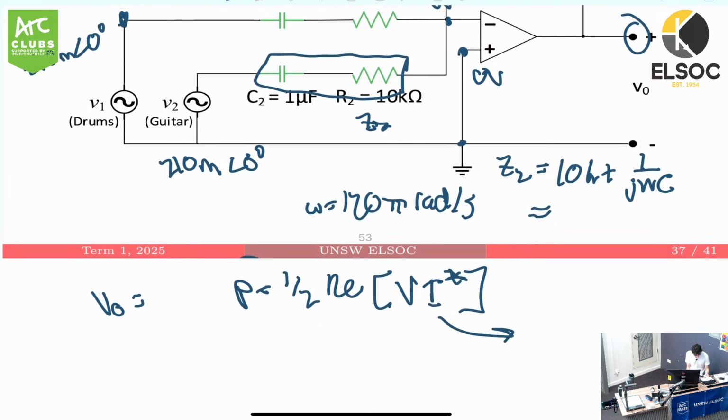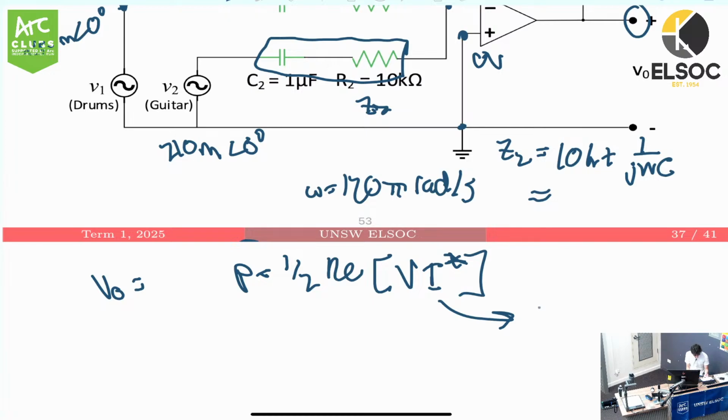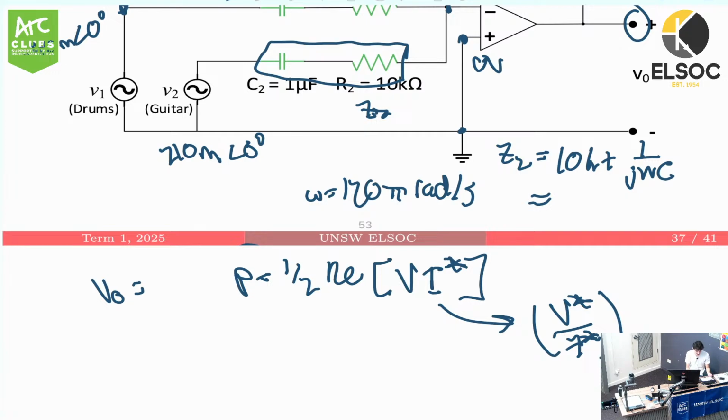So I can say that I is equal to V conjugate on Z conjugate. Does that make sense? The way I've done that is I've applied V equals IZ, and because we're conjugating I, it's a mathematical operation, so you have to conjugate the numerator and denominator. Are there any questions so far?